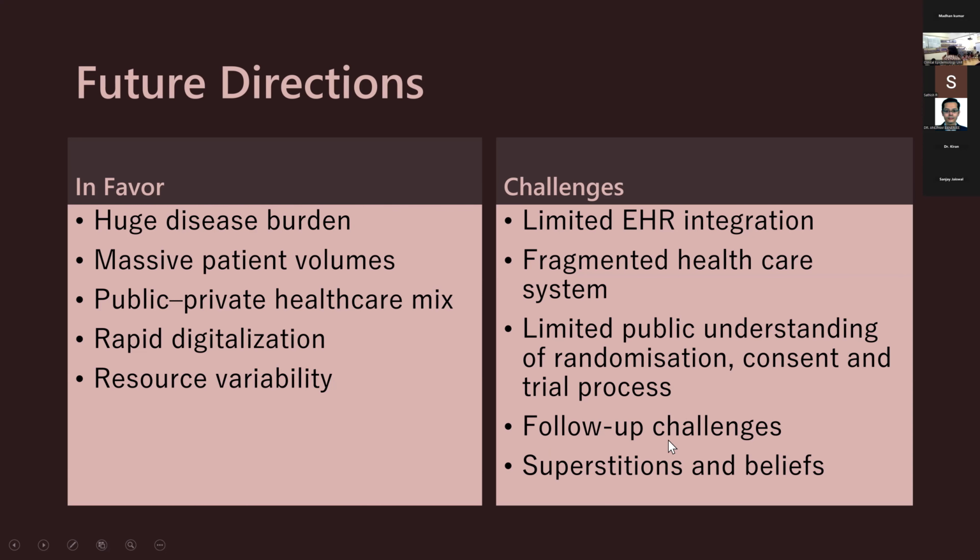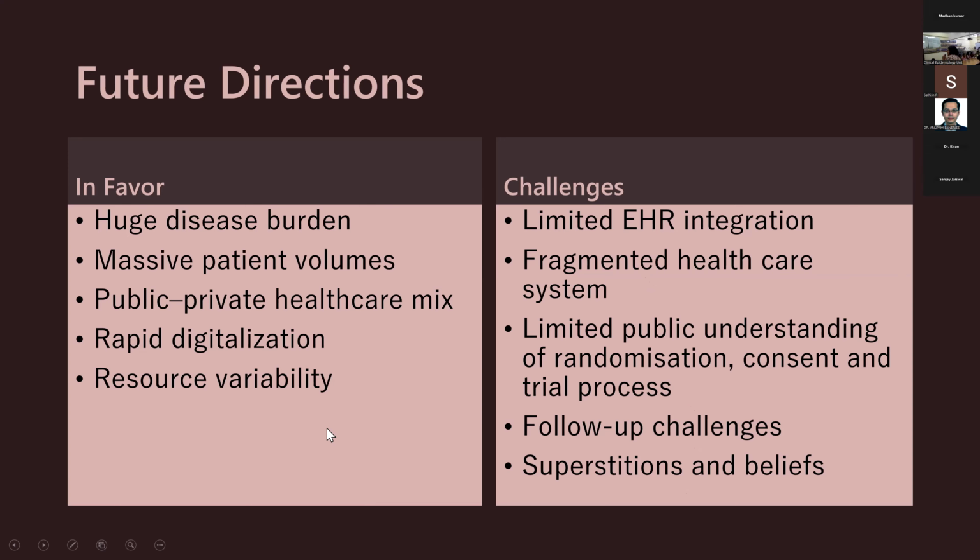There are also follow-up challenges, because once they are better, hardly any patient returns to the hospital unless they are strongly motivated. Plus, there are superstitions and inherent beliefs. All of this will limit the conduct of pragmatic trials. So is there a scope? Yes, there is definitely. We could try all of this, but there is a long way to go.